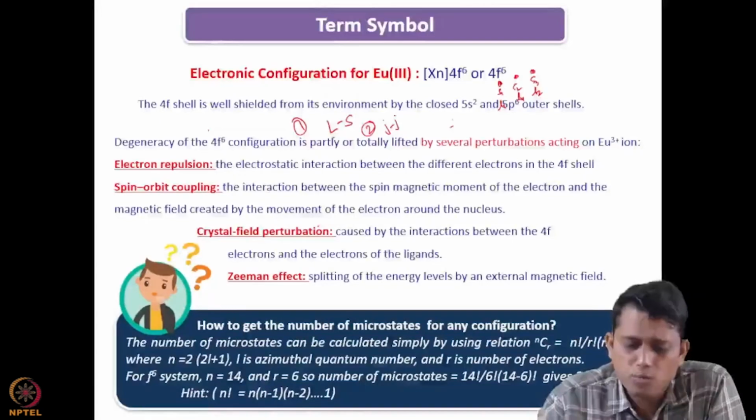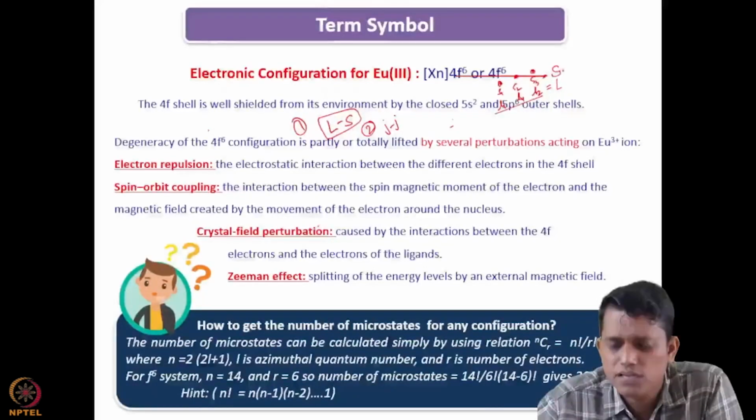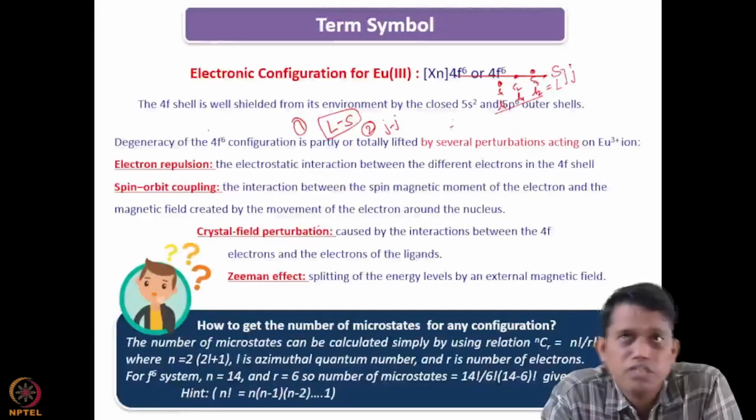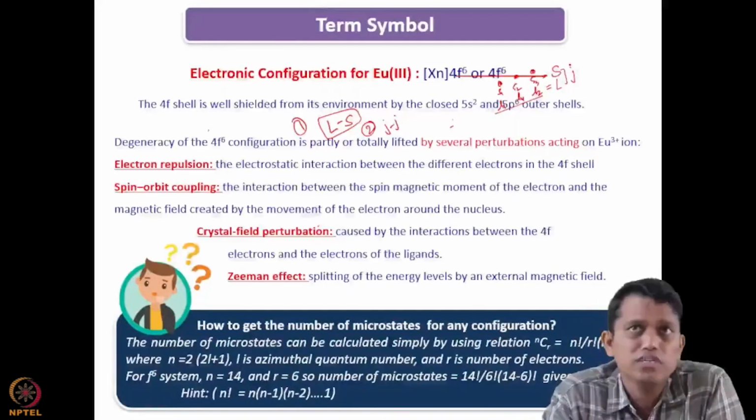When we talk about LS coupling, we sum up all the spins of the electrons to get a total value, and we sum up all the l's to get a total value of L. And these will again couple weakly to give something called J. So here we individually first couple the spins, then the orbital momenta, and then we couple S and L to give the J value.